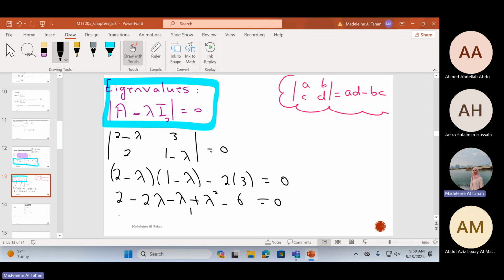So all we get here: lambda square minus 3 lambda minus 4 equal to 0. This one we will highlight. And this is our characteristic equation.